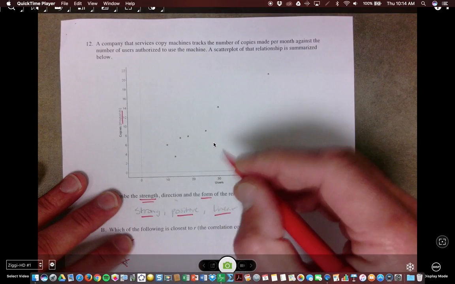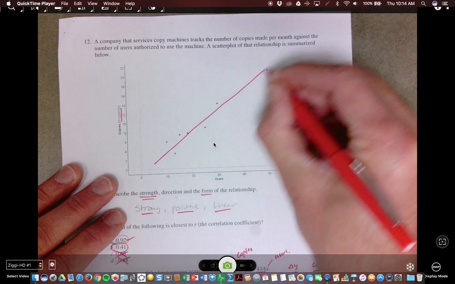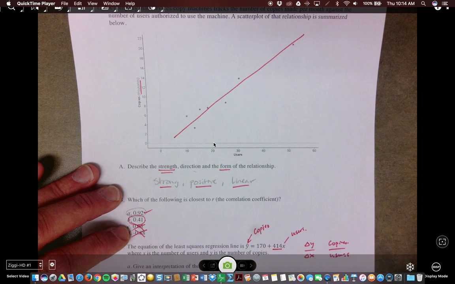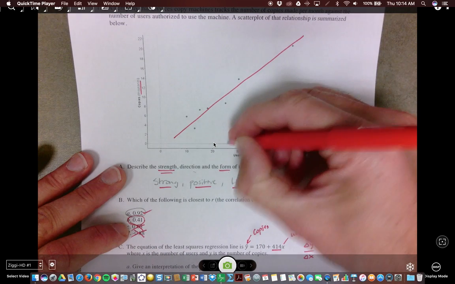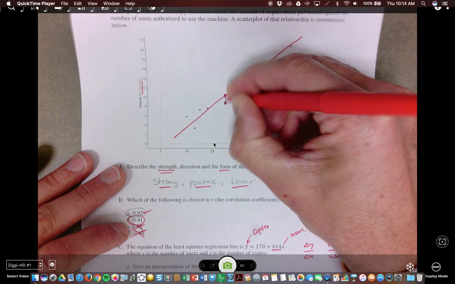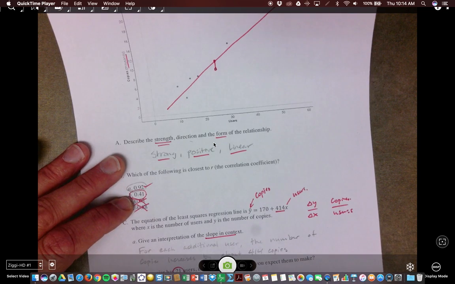Then find the residual for this machine. If you were to graph this line, it's going to look something like this, a pretty good approximation of that relationship. The copier with 25 users made 8,820 copies. We want to find the vertical distance between that point and the line. Y in this case is the 8,820.